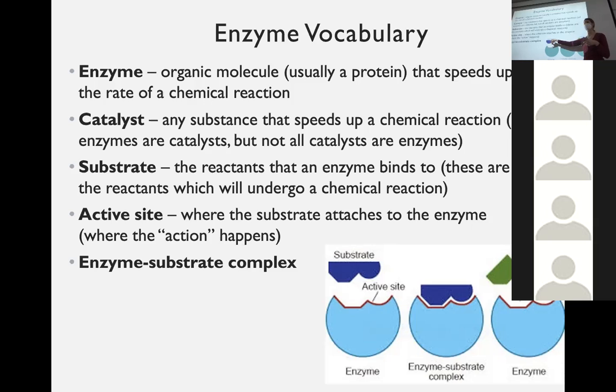So the substrate is what we want to break down or put together. And an easy way to remember the active site is where the action happens. And when you have the substrate and the enzyme bonded together, you get what's called the enzyme substrate complex.